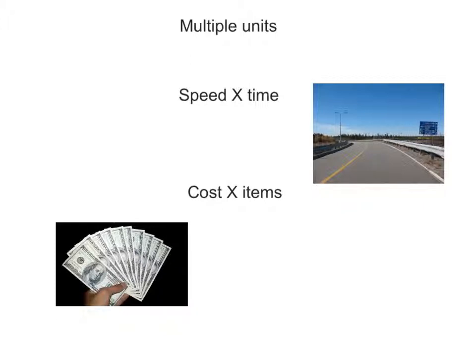So I would multiply 60 miles per hour times 3 hours, and that'll tell me my total distance, which would be 180 miles.